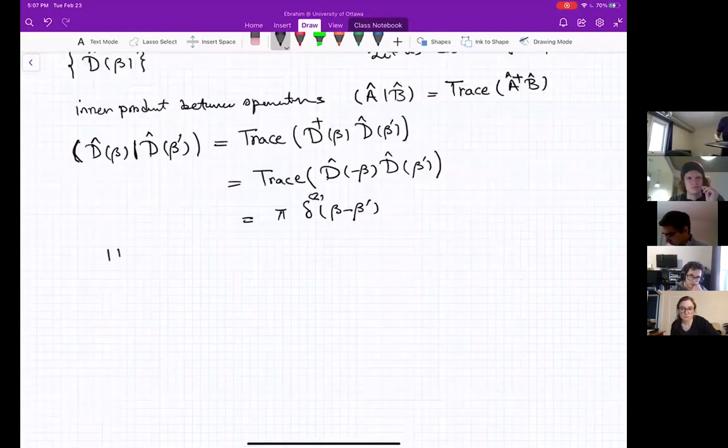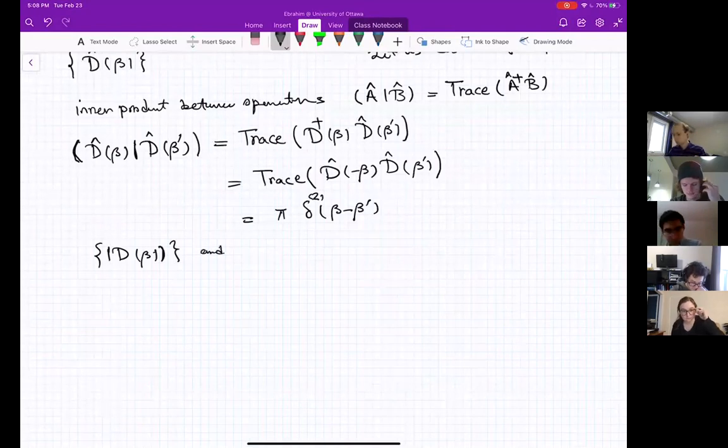This operator D of beta, the super operator of this set, they are orthogonal, as you see, and they are complete.